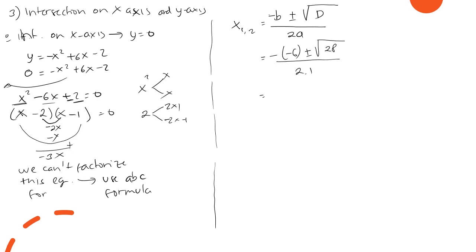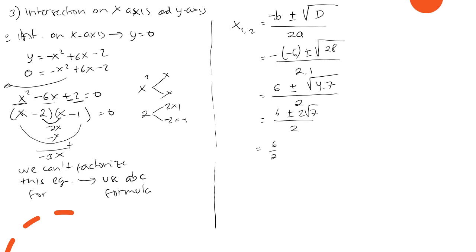So minus b is 6, plus minus the square root of 28, which is 4 times 7, over 2. 6 plus minus 2 square root of 7 over 2.